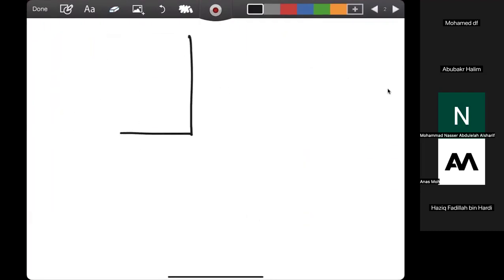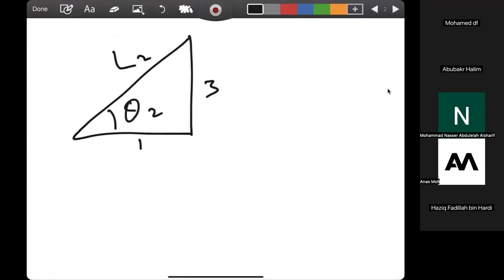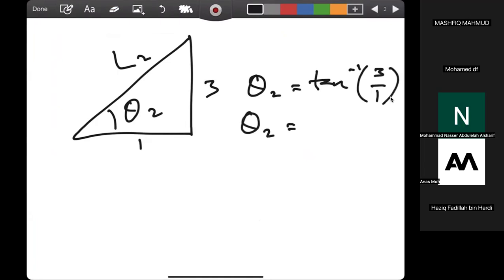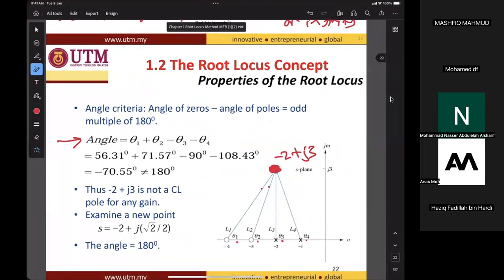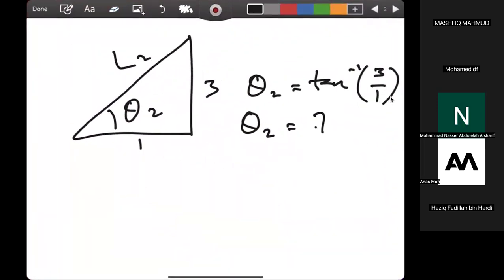And then for θ2, Abu Bakar Halim. θ2, please. The angle is 71.5.